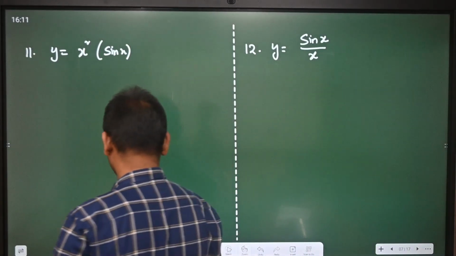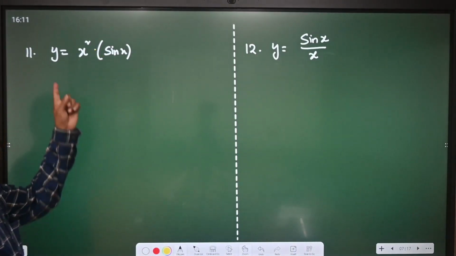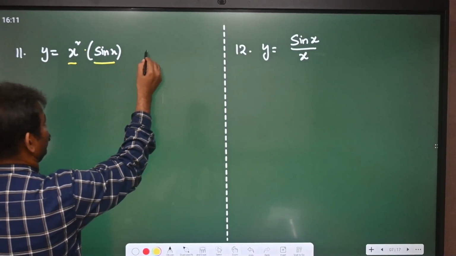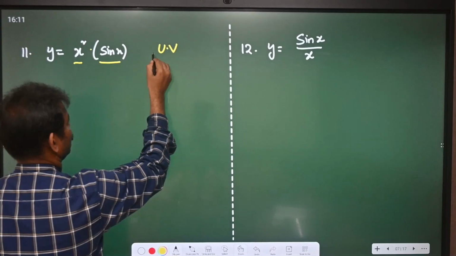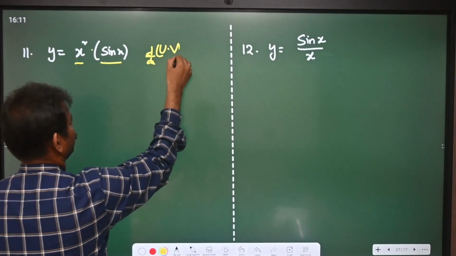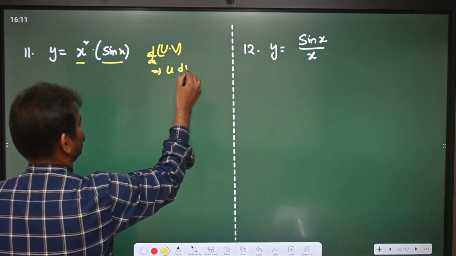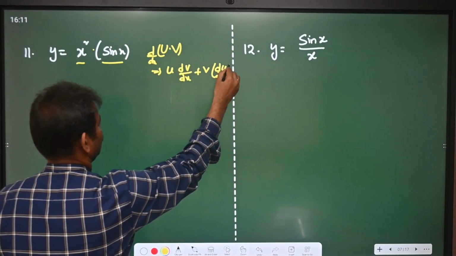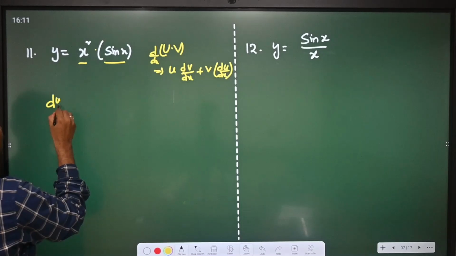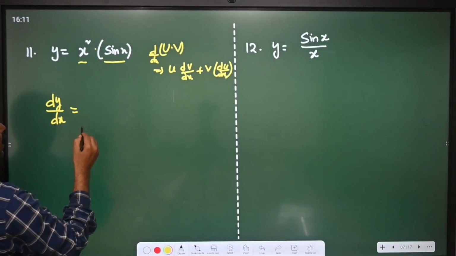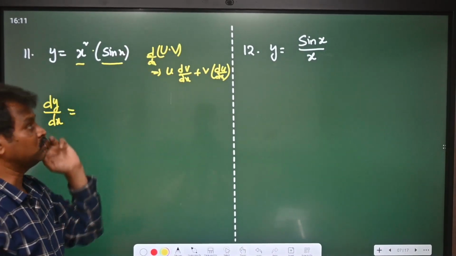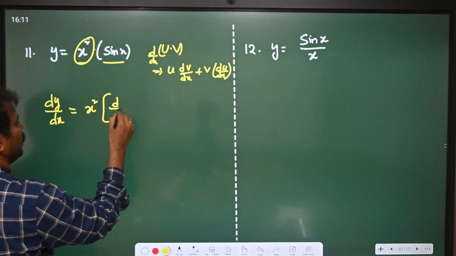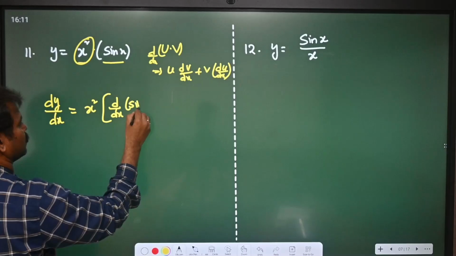Now the 11th problem. Here y is given as x square into sin x. This is also u into v. d by dx of uv is given by u into dv by dx plus v into du by dx. So I am going to write dy by dx as, first you keep u outside, so x square you keep it outside. Then the derivative of the other term.